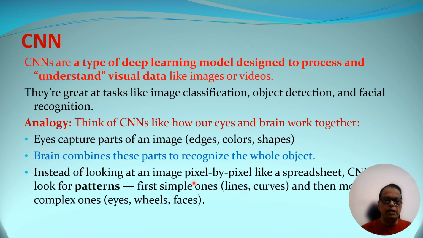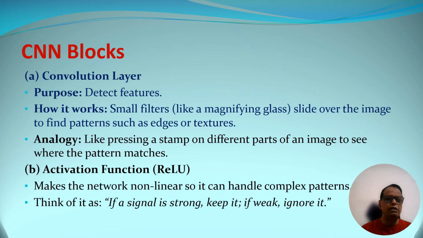So instead of looking at the image pixel by pixel like a spreadsheet, CNN actually looks for patterns within the image. It looks for patterns such as lines or curves, or sometimes more complex patterns such as eyes, wheels, or faces, in order to classify the image. So there are different blocks.